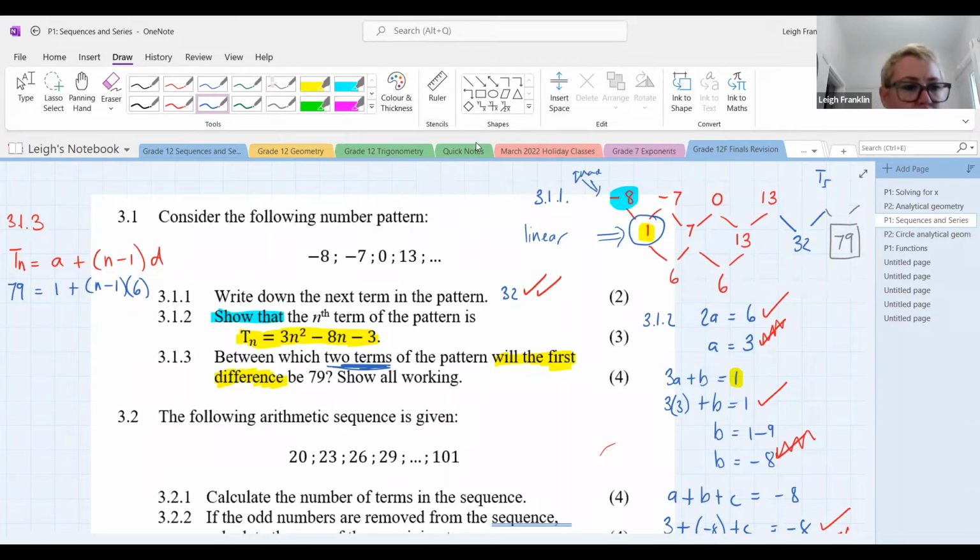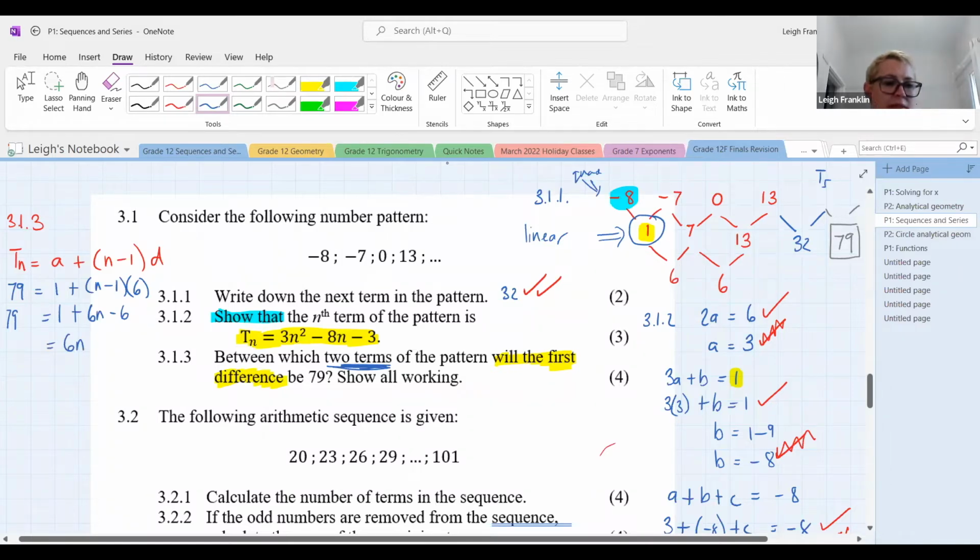We're going to multiply n, so we're going to get 79 is equal to 1 plus 6n minus 6. So if we leave 6n on this side and we take the 1 and the 6 over to the other side, we end up with 84. I don't know what the rest of you are getting, but I got 84.